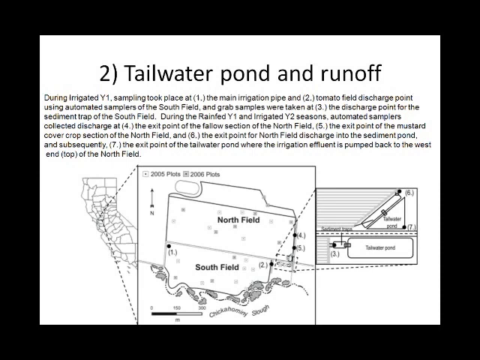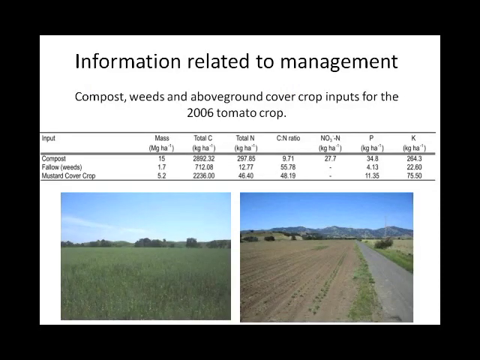On the second year in the north field, we sampled irrigation ditches, shown there in points 4 and 5, and also in the tailwater ponds, sediment and tailwater ponds, in 6 and 7. So I'm just going to go into more detail in that very first graph that I talked about at the beginning. Next slide.